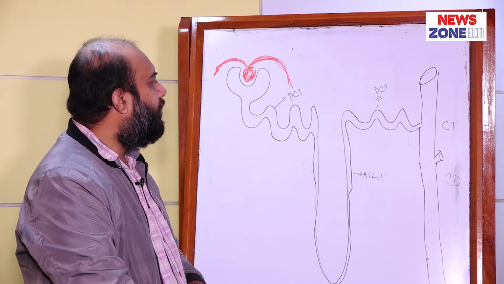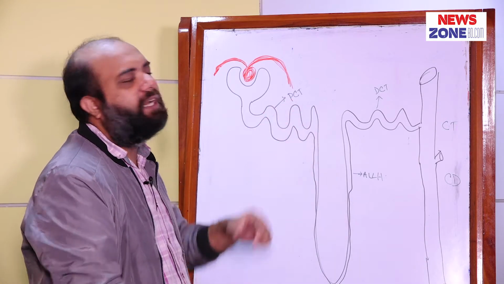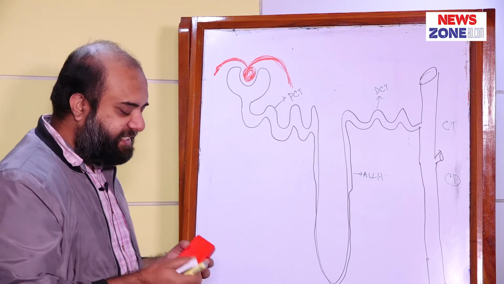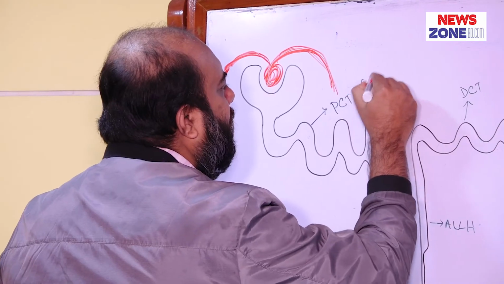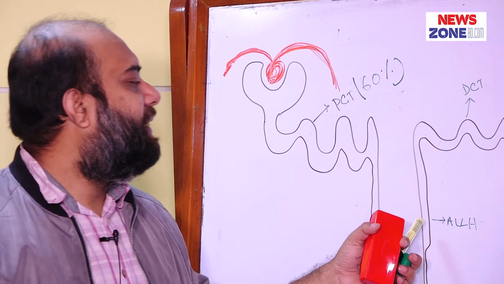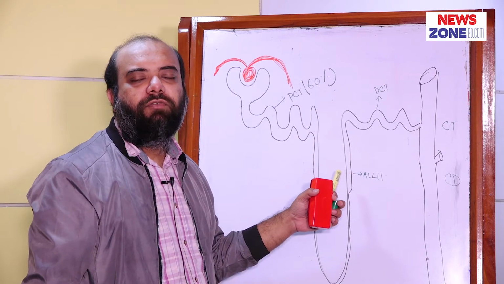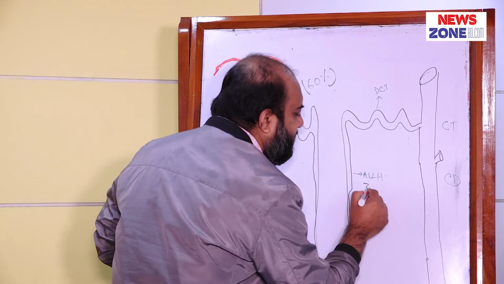Now we have to know how much sodium is reabsorbed from these segments. From the proximal convoluted tubule, about 60% of the sodium is reabsorbed. From the thick segment of ascending limb of loop of Henle, it is about 30%.